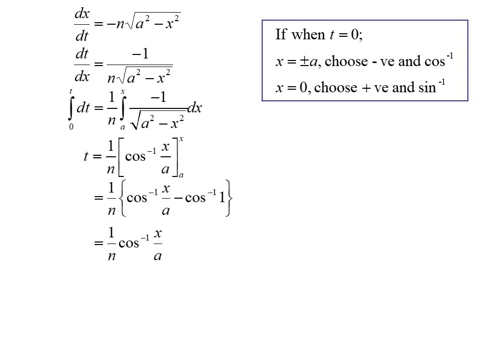Okay, playing around with it, substituting in those values, I've now got t in terms of x. Let's make x the subject, and we just get this beautiful cosine curve. And we know a lot about cosine curves already. But because of the way I've chosen my variables, it's a very simple cosine curve. There's the amplitude a, and then the angle is just n times t.